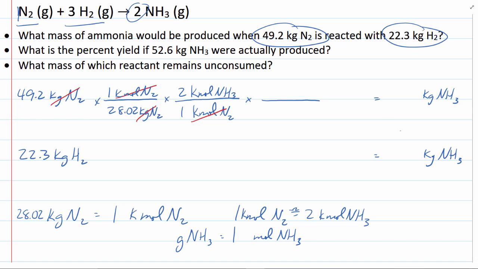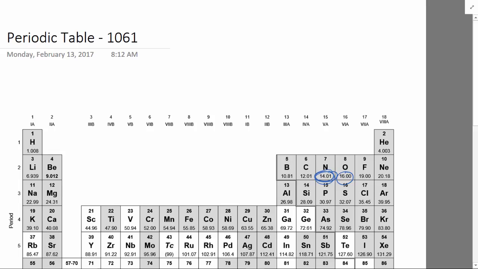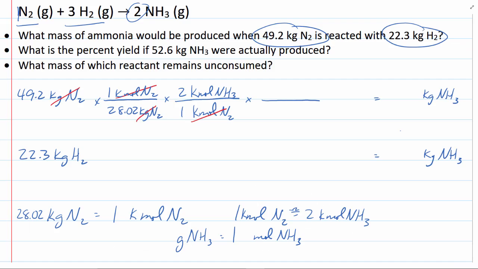So we go to the periodic table, we see that we have 3 hydrogens, each at 1.008. We have 1 nitrogen at 14.01. If we sum them together, we wind up with 17.03 grams of NH3 for every 1 mole.